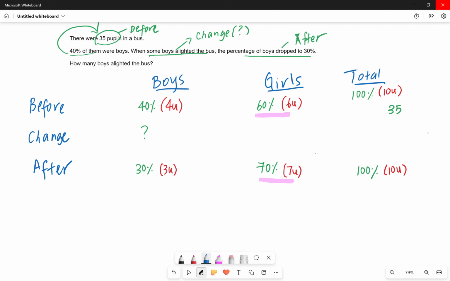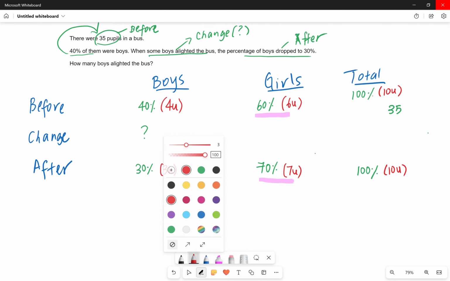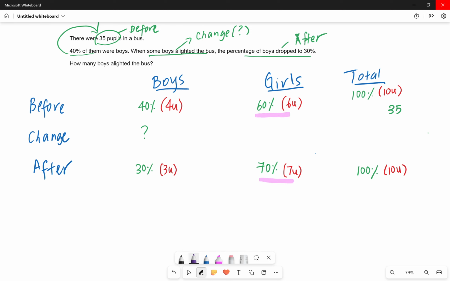By looking at 6 units and 7 units for the before and after column for the girls, we can find the lowest common multiple of 6 units and 7 units, which is 42. So we can multiply the before girls 6 units by 7 and the after girls 7 units by 6 to make them the same.